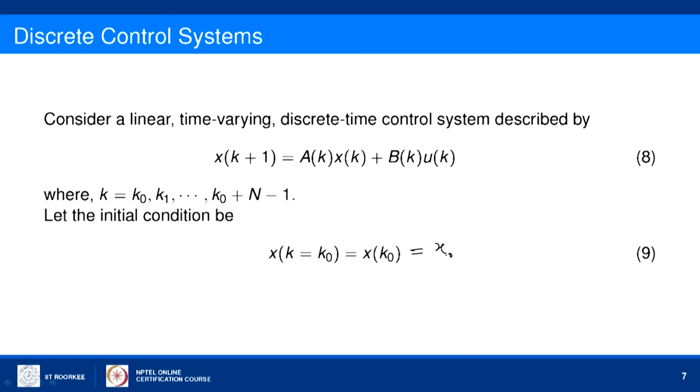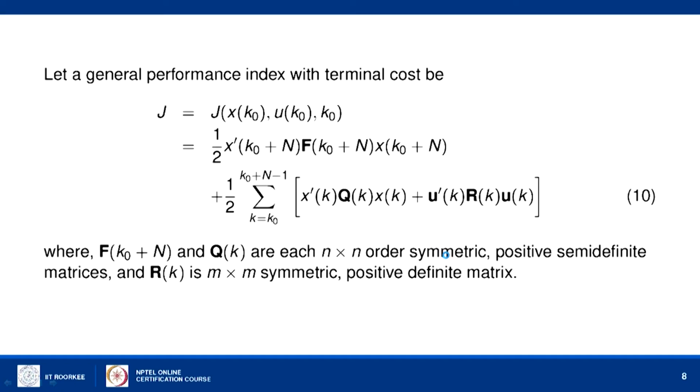With this constraint, we want to minimize the performance index J, which is given by this expression. What we observe here is, earlier we had written a general function S of x of k0 plus n, a function of the final position.